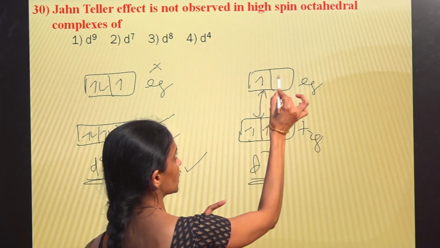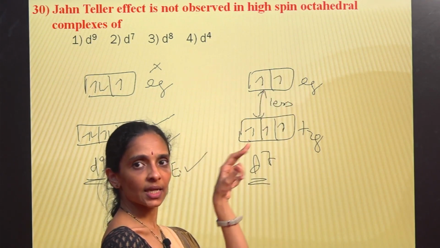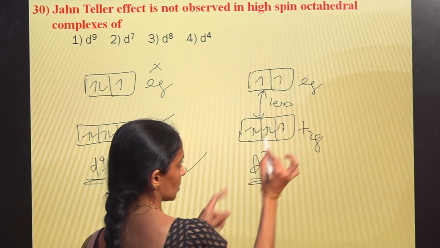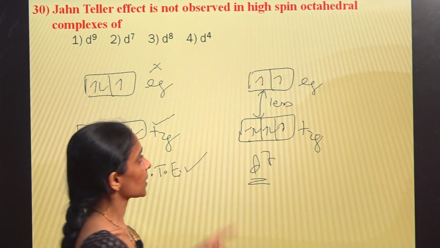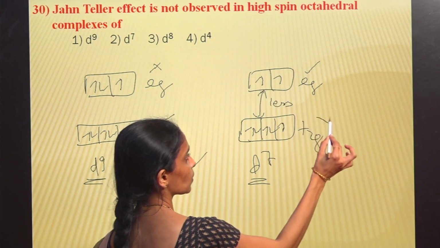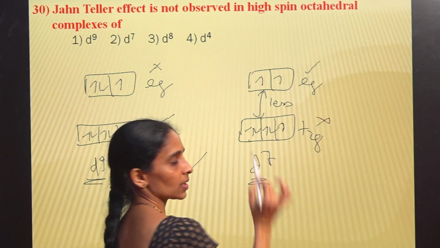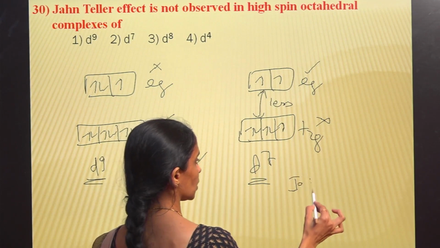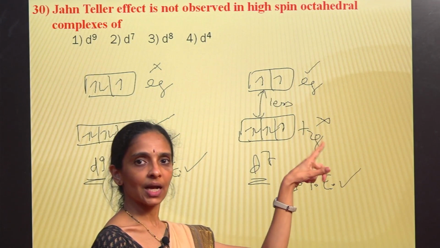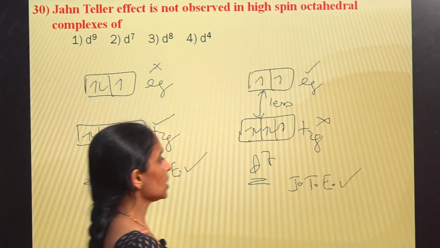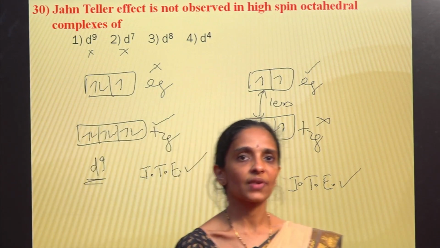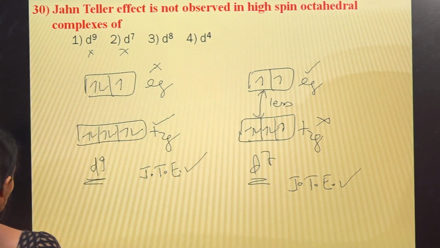Instead of pairing, I'll take them to the EG set. That makes 5. There are still 2 electrons. So with no other option, pairing happens here. Now in EG there is symmetry, one electron each. But in T2G there is no symmetry, 2, 2, 1. Hence this also shows the Jahn-Teller effect. Since there is no overall symmetry, the Jahn-Teller effect is seen. So the first 2 are not the answers. Since both show the Jahn-Teller effect, they are not the answers.